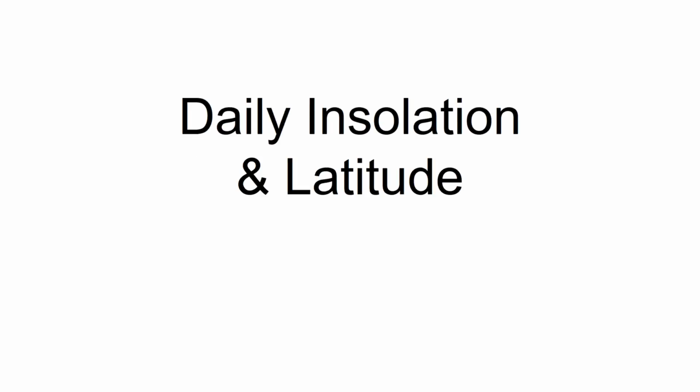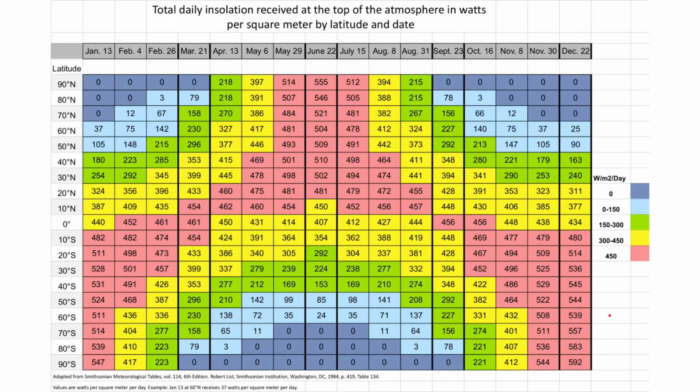Daily insolation. All right. Daily insolation and latitude. So this chart shows the amount of energy hitting the top of the atmosphere expressed in watts per square meter. And the chart is divided by latitude along the side and by date across the top.